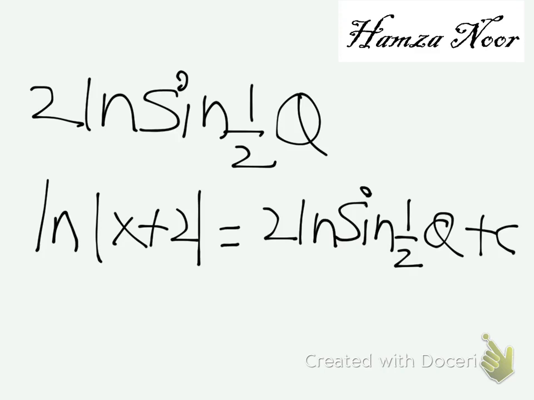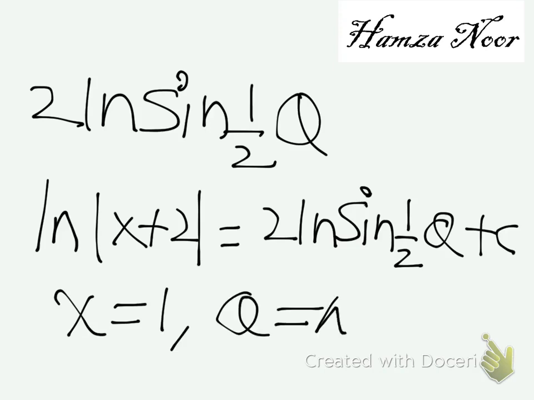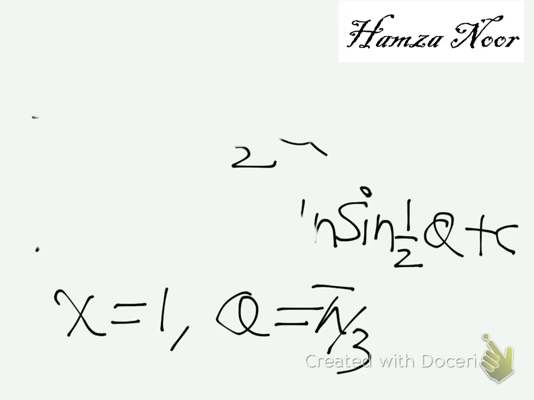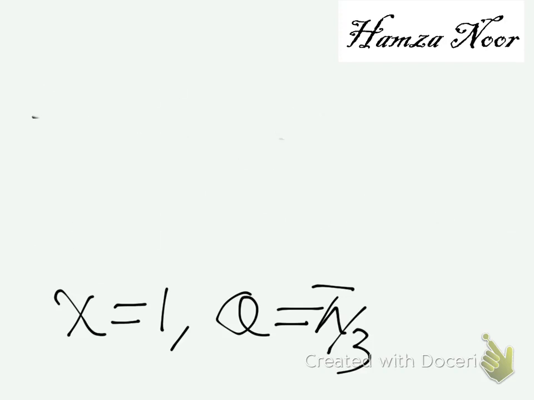Alright, so we have been given some particular values of x and theta, so easily we can find the exact value of c. The question says that when x is equal to 1, theta is equal to pi over 3. We need to just put these two values and obtain the value of c. So x is equal to 1 and theta is equal to pi over 3.